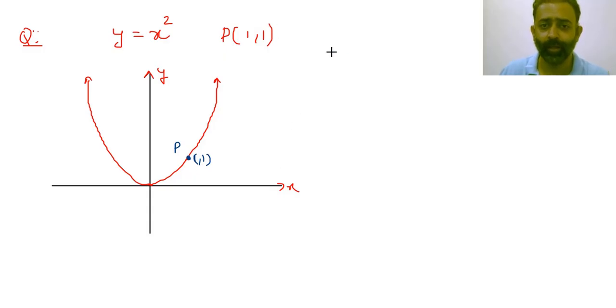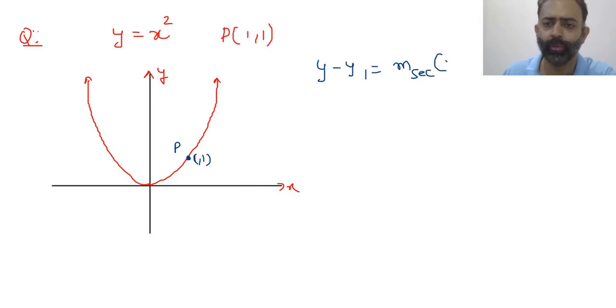As we know, the equation of a straight line can be given like this: y minus y1 is equal to the gradient of that secant line times x minus x1. Why am I calling it the secant line? Because there is a point Q. I will develop the tangent using the same idea that we have discussed just now.